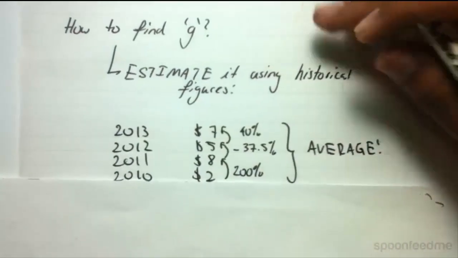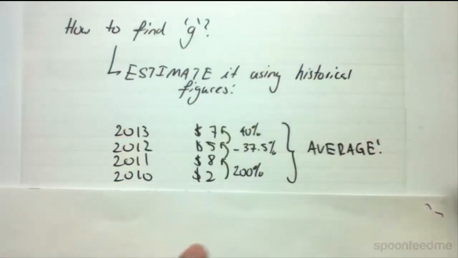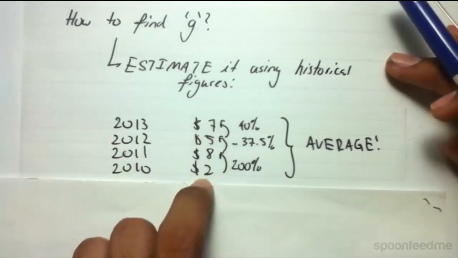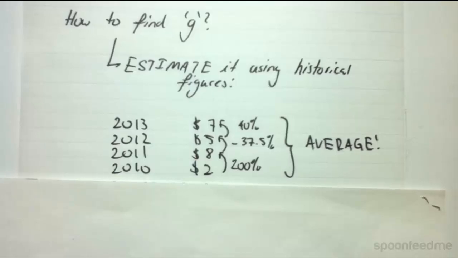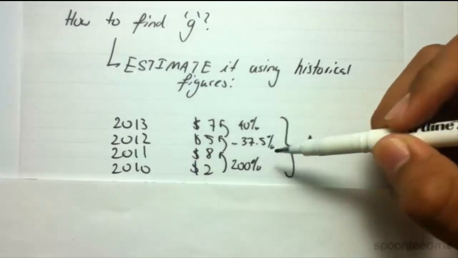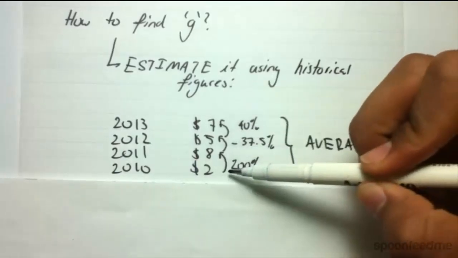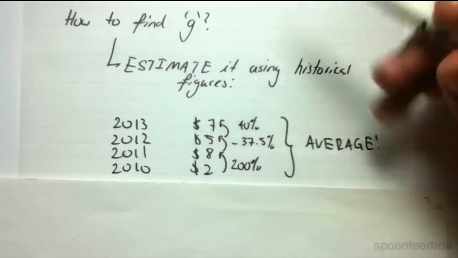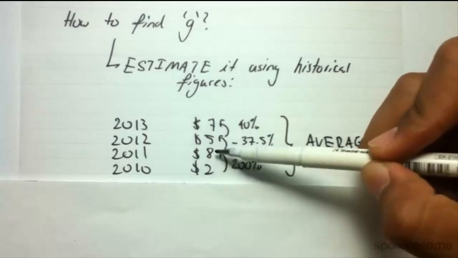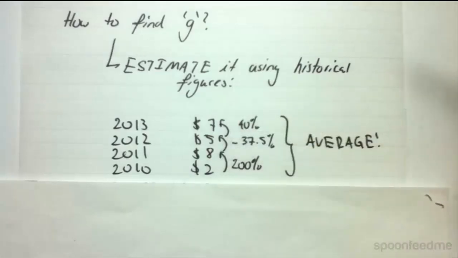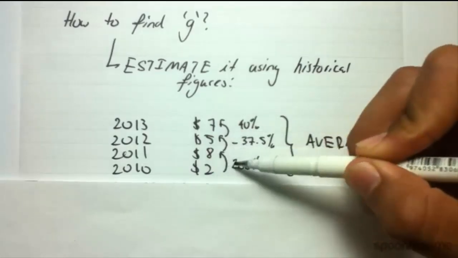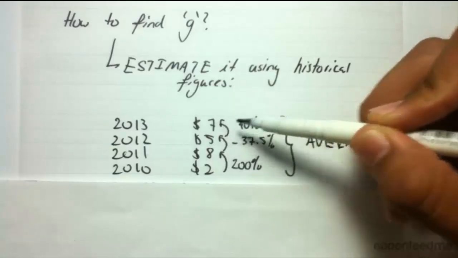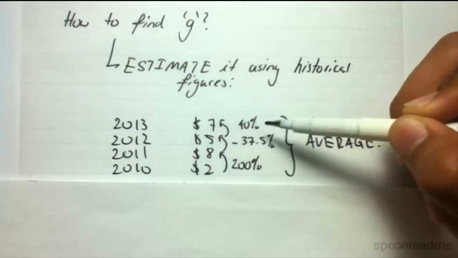What I mean is that, let's say I have years here, and here I have the magnitude or the value of each dividend in every year. What I've drawn here is the growth, which I've calculated, and that growth can be negative. I've looked at the growth between two periods. Between here was 200%, between here was minus 37.5%, and between here was 40%.